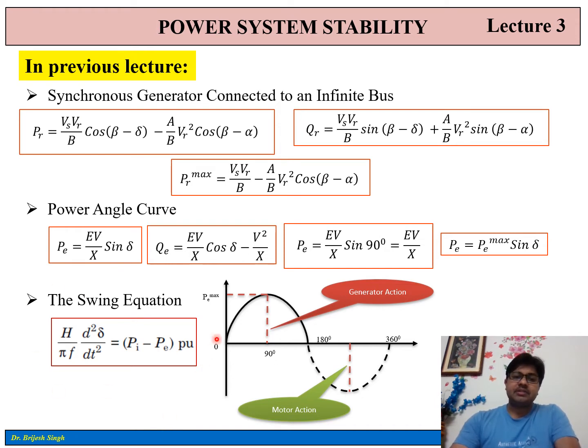Thereafter, we have discussed the swing equation derivation, how the swing equation can be derived with the help of two constants, that is moment of inertia and the angular momentum.